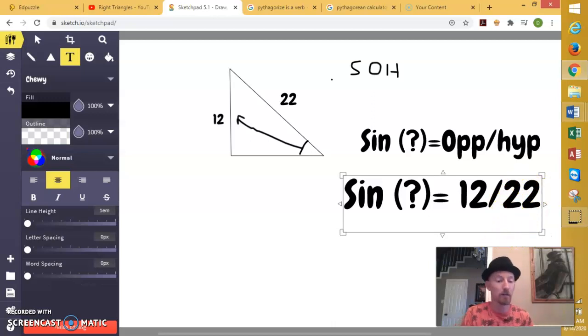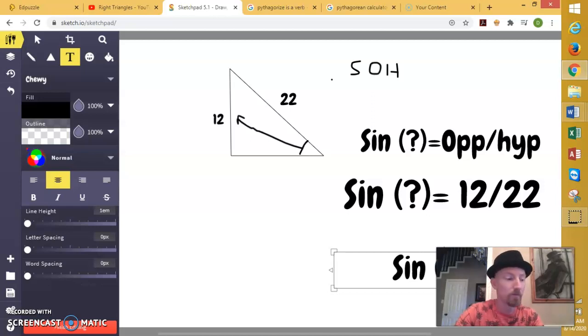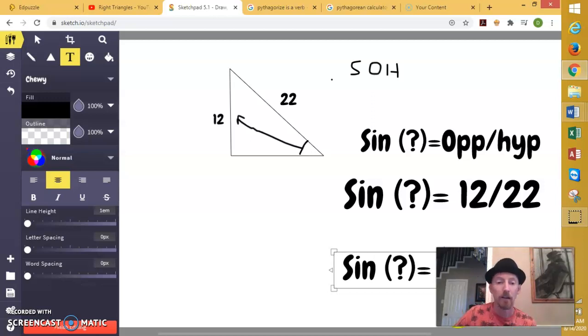I'll do that real quick. 12 divided by 22 is 0.54545. So what you get is this weirdness that says sine of something equals 0.545454. Right? Now, you're not done.